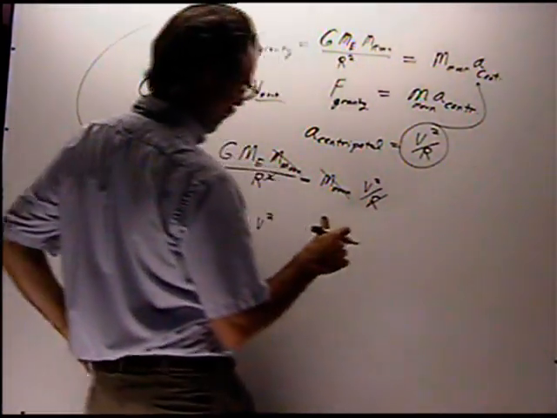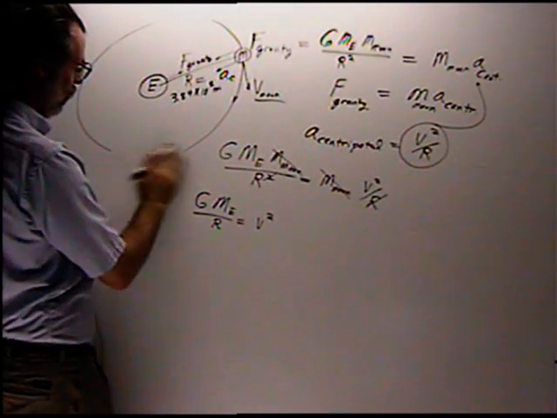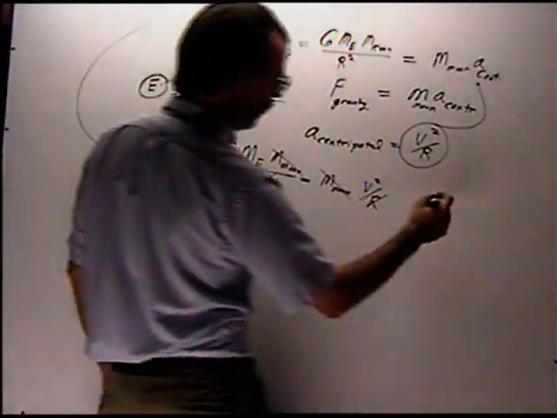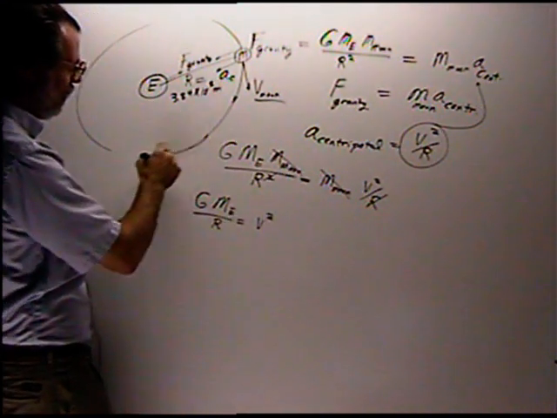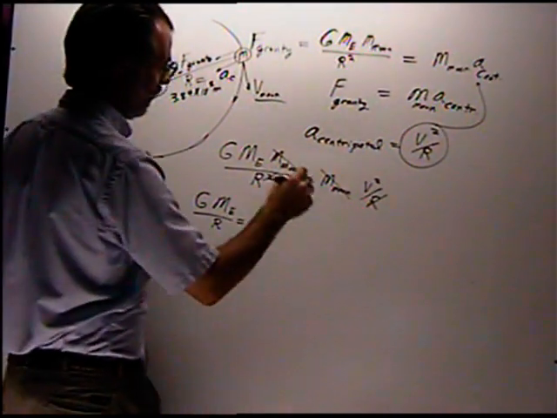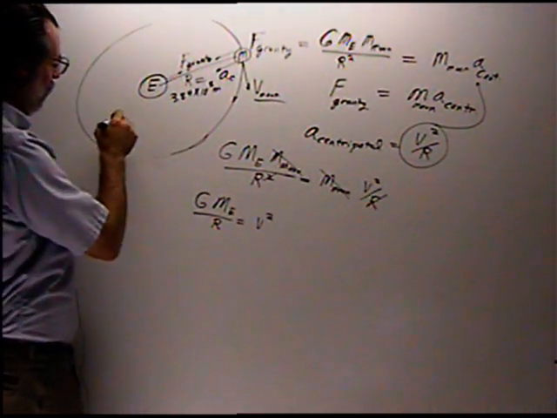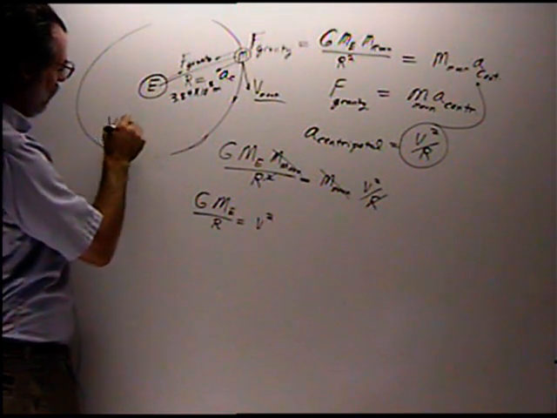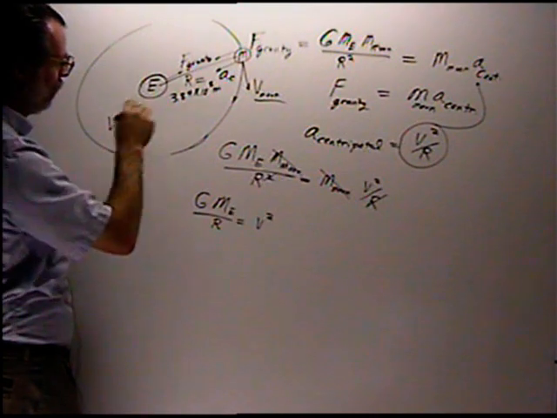And we know, think of this velocity traveling in a circular orbit. We know that the velocity is equal to the total distance traveled divided by the time.